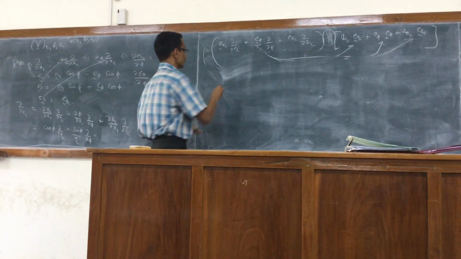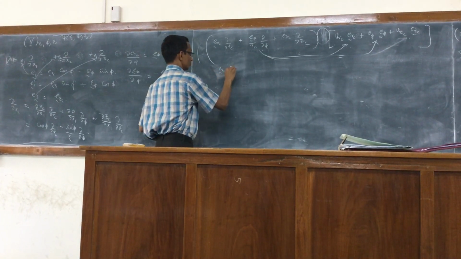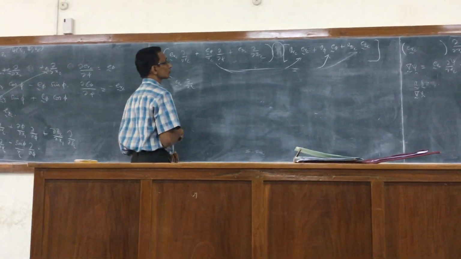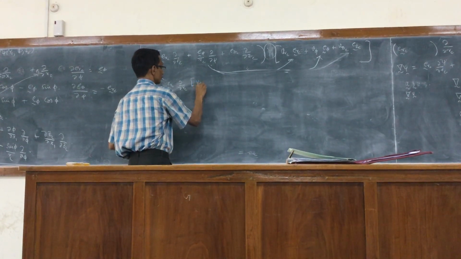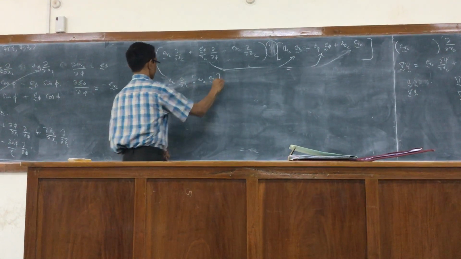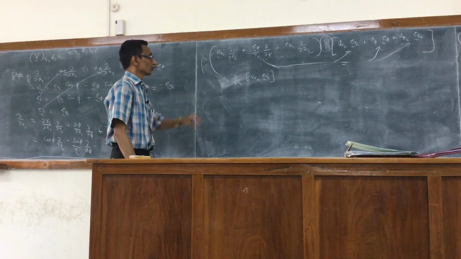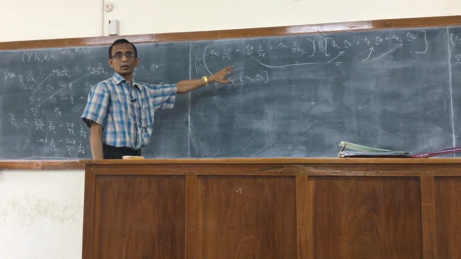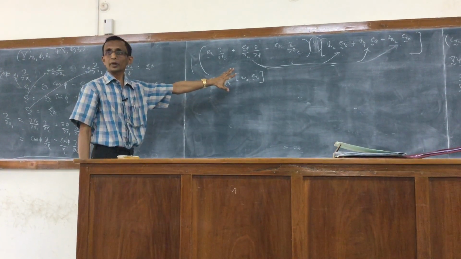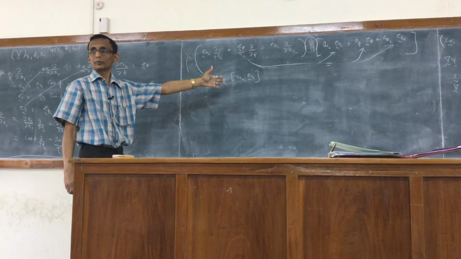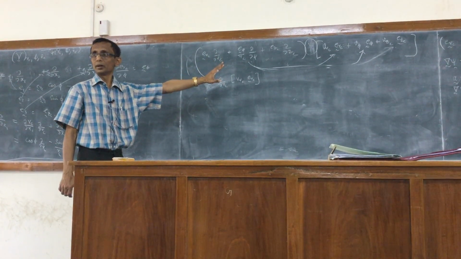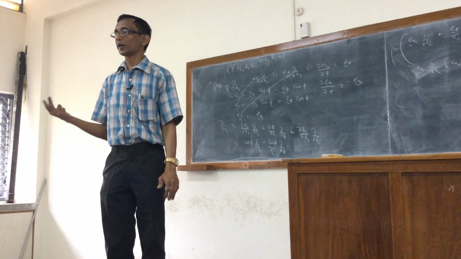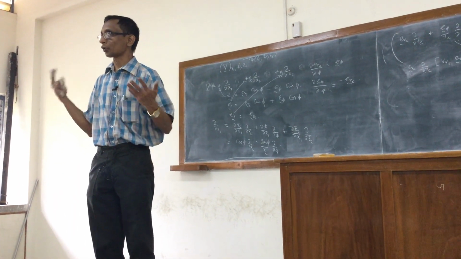Earlier, for instance, let's take just the first term. I have this. So this is a vector. It's waiting to operate on what is going to come out of that. It will also be a vector. So together it will form a tensor product of two vectors and give rise to one component of the total tensor.